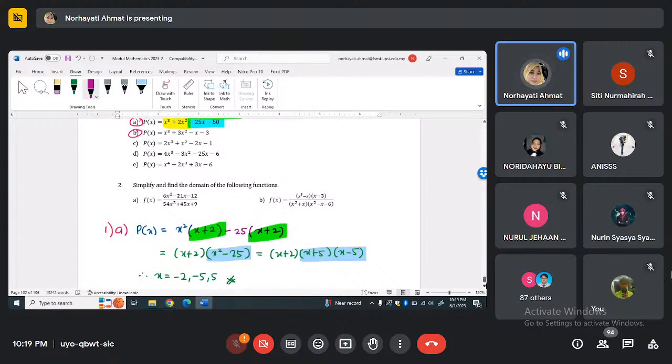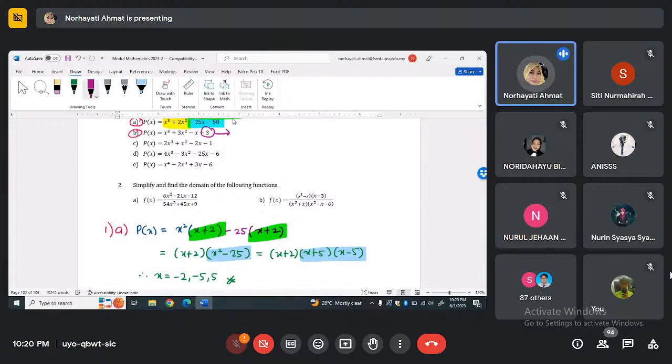Okay, X cube plus 3X square minus X minus 3. Okay, kita dapatkan apa nama? Constant. Kita tak boleh factorize. We cannot factorize this. Boleh ke? Ini.